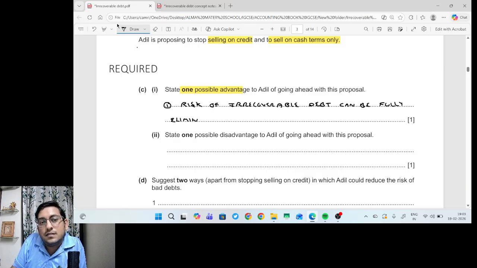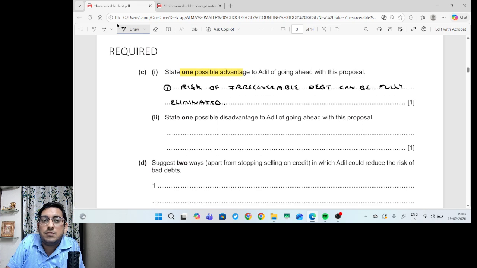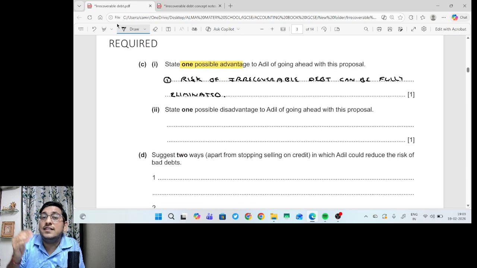Eliminated means reduced or minimized or can be over. So the risk of irrecoverable debt can be fully eliminated, can be avoided. This is the advantage. Point number two, since there is no loss of irrecoverable debt, your profit can be increased.